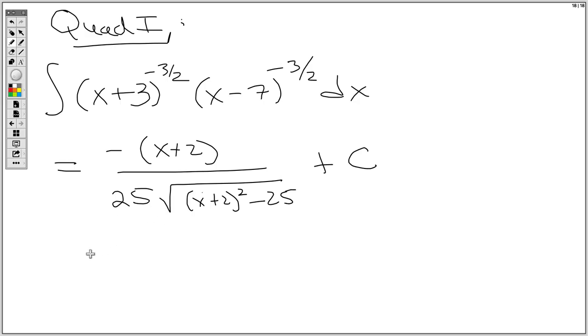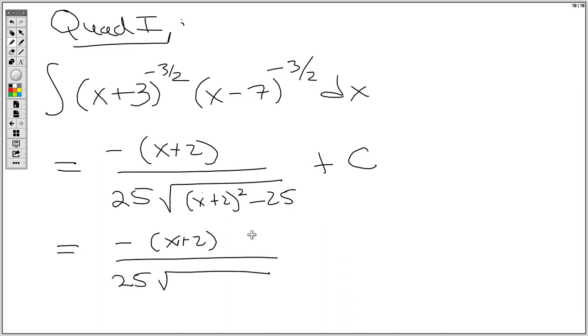And if you wanted to simplify this, you could FOIL this out to get your x squared plus your 4x minus the 21.